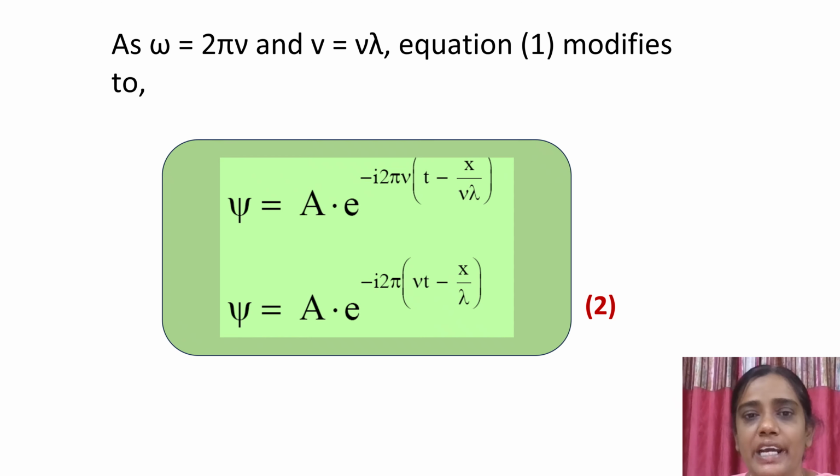Now we take the new term inside the bracket and multiply, and we get a e power minus 2 pi, within the bracket nu t minus nu x by nu lambda. Nu gets cancelled, so the second term just remains as x by lambda.